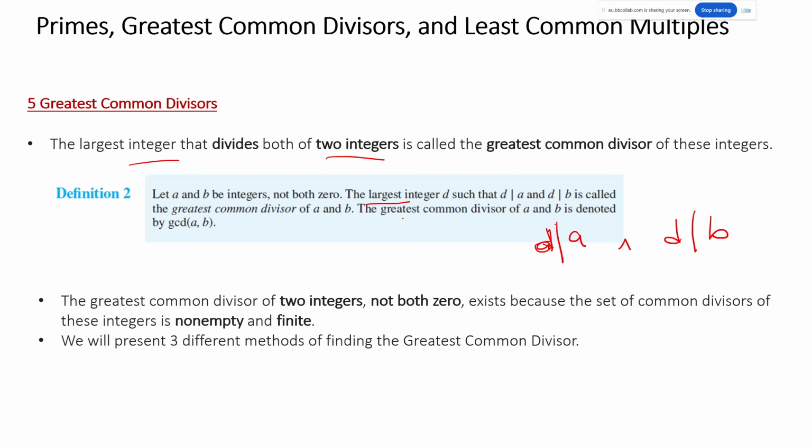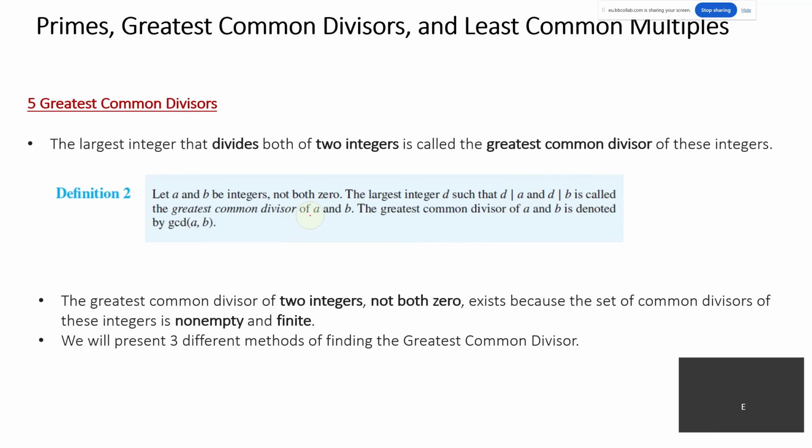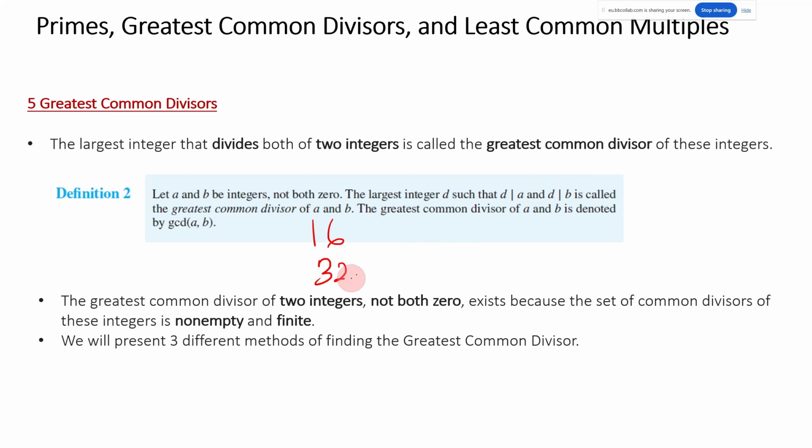Because we said it's the largest number. We don't want any number that divides the two. We want the greatest. Now for the sake of this example, let's just have 16 and 32. Let me write them like this, 16 and 32. So what is the greatest common divisor of a and b? I'm not looking at one common divisor, because 2 is a common divisor.